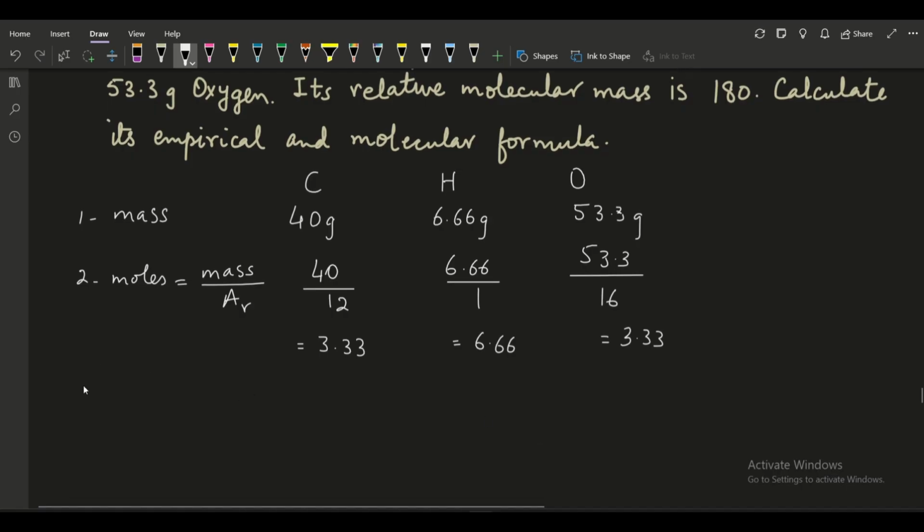Let's move to the third step. And what was the third step? The third step was that you have to find the mole ratio, or you can say the simplest ratio. And how do you do it?